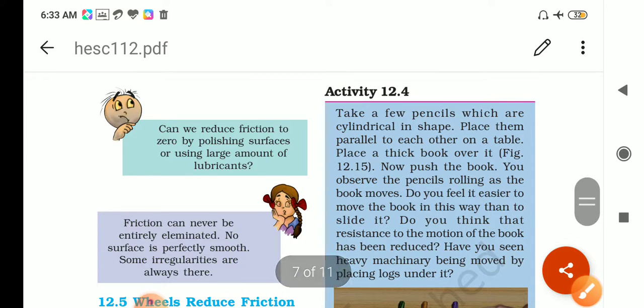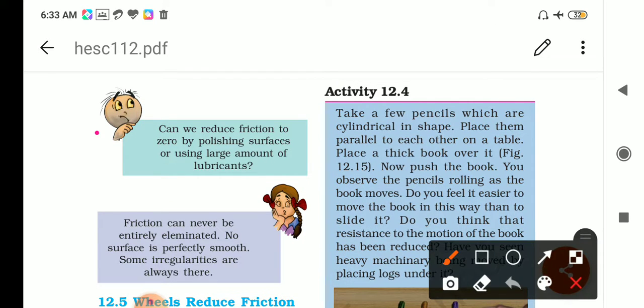Okay, now the question: can we reduce friction to zero by polishing the surface, using a large amount of lubricant, or doing lubrication? Can it be reduced to zero? No, it cannot be reduced to zero. We can reduce the amount, but it will never be reduced to zero.